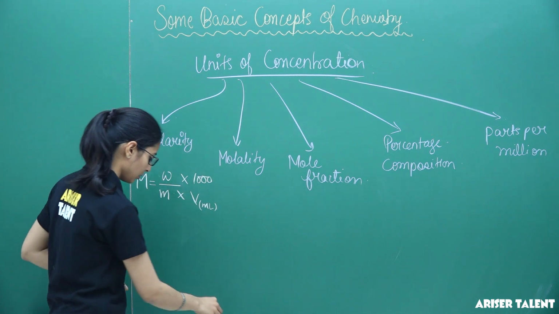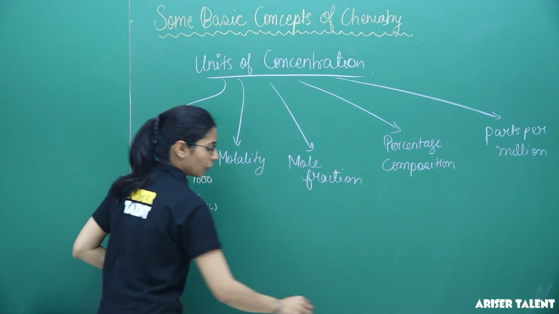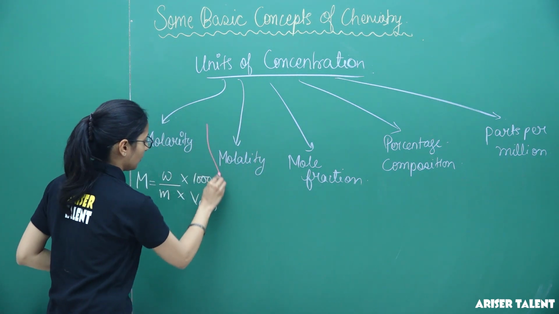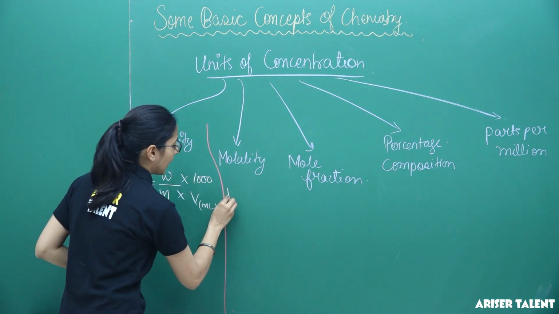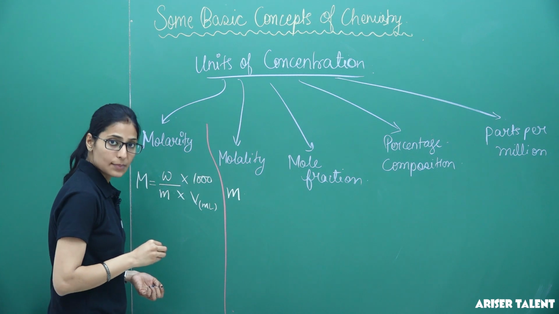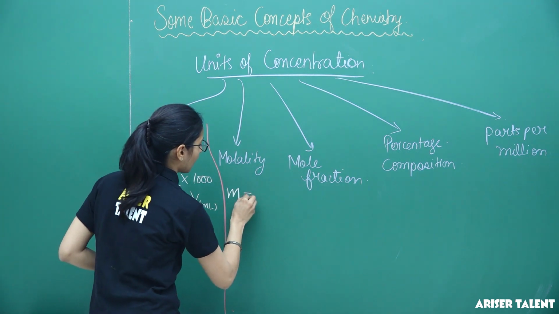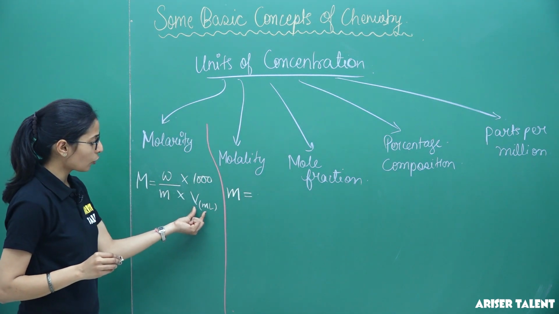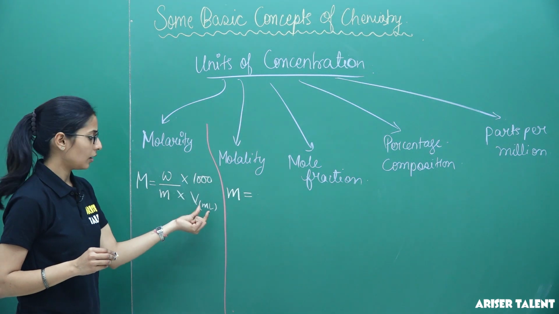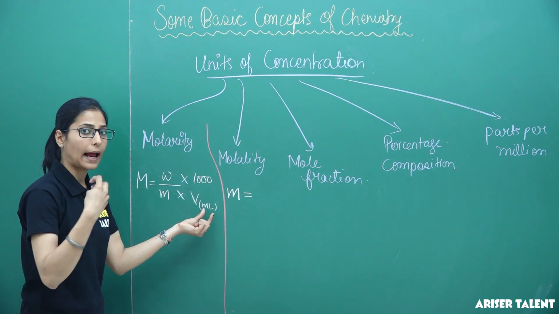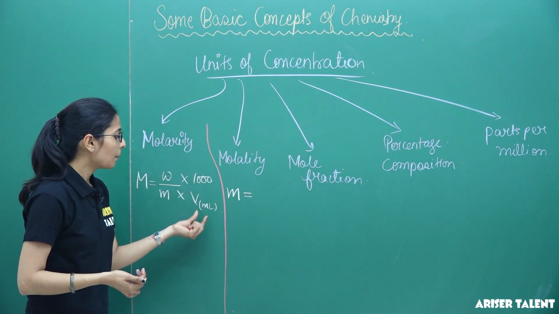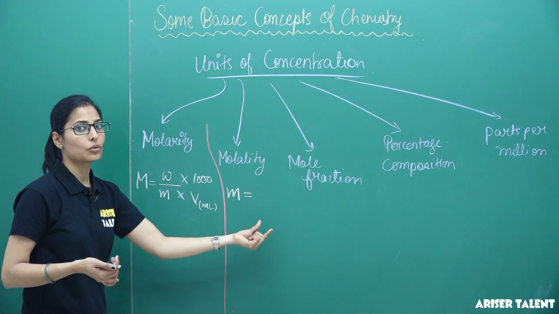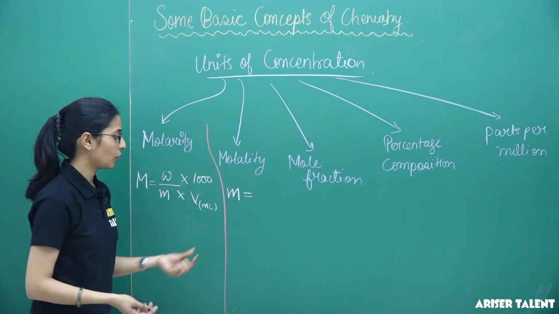Then, let us say, for molality. Okay. So, for molality, what we have seen, molality was represented with a small m. Okay. And here, instead of volume, which was given earlier, where the solution was expressed in liters or in milliliters, here we are going to see the mass of the solvent, right.